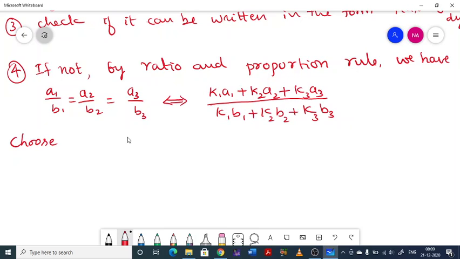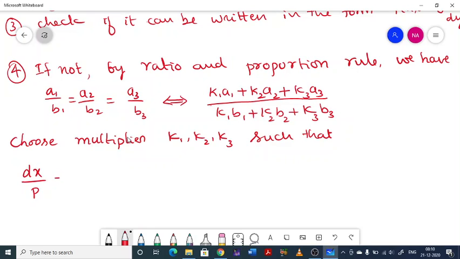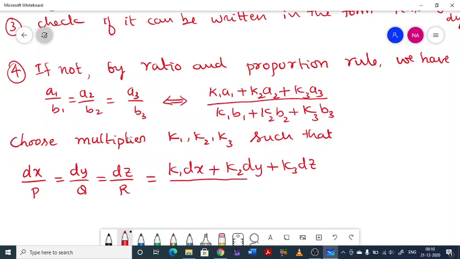If separation of variables is not possible, choose multipliers k1, k2, k3 such that, see, choosing those multipliers, the expression dx by P equal to dy by Q equal to dz by R can be written in the form k1 into dx plus k2 into dy plus k3 into dz divided by k1P plus k2Q plus k3R. This I have written from the ratio and proportion rule.